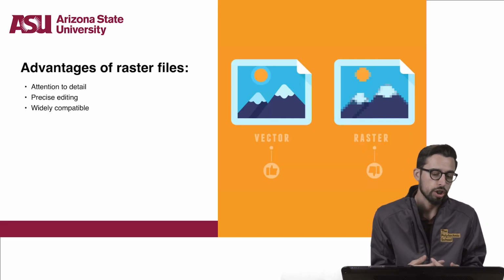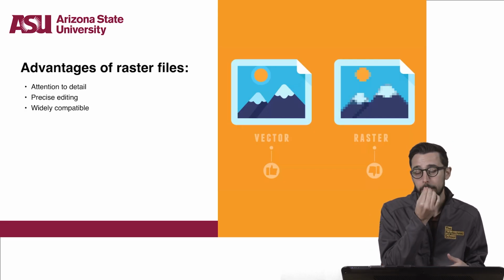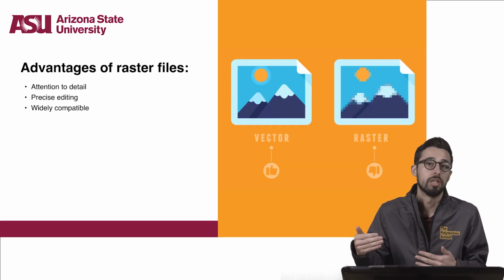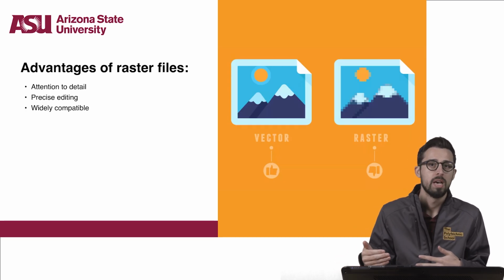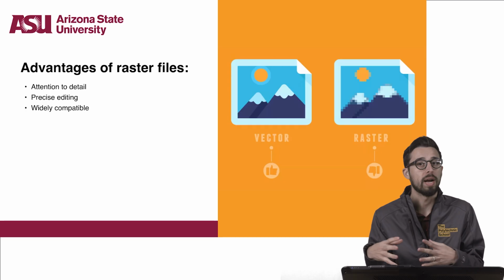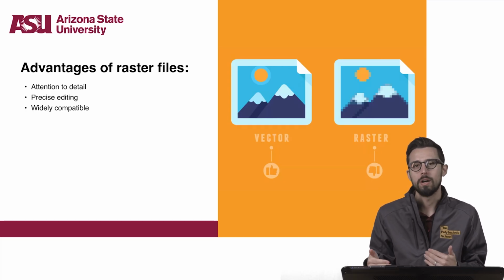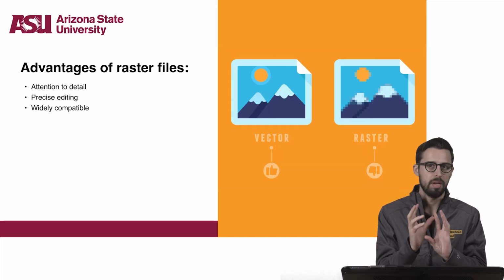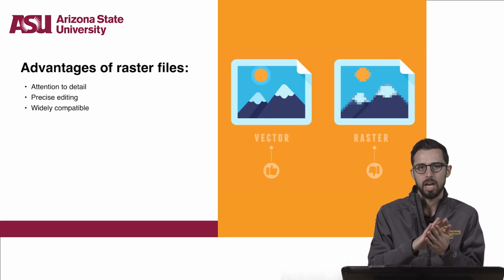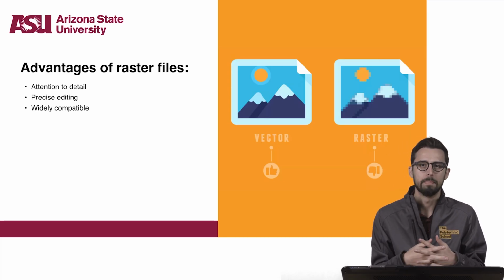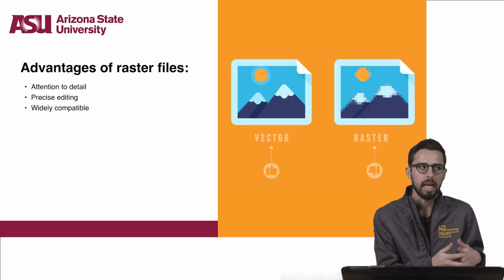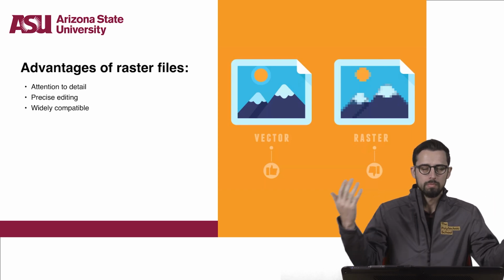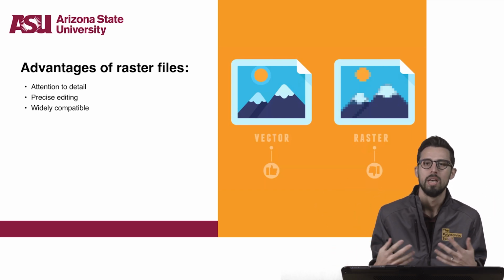Some of the main advantages of raster files include the attention to detail that you can get from them. When displayed in the right dimensions, raster files can show off all the intricate details and color shading and really anything. It's almost realistic to life in a sense.